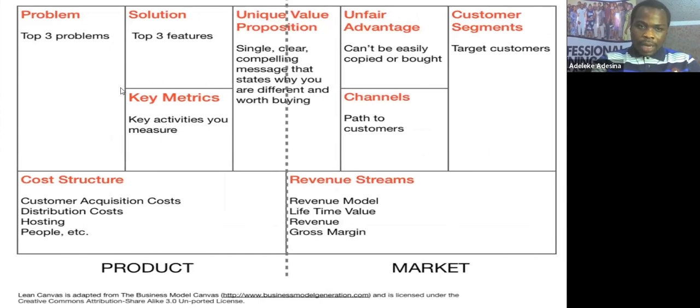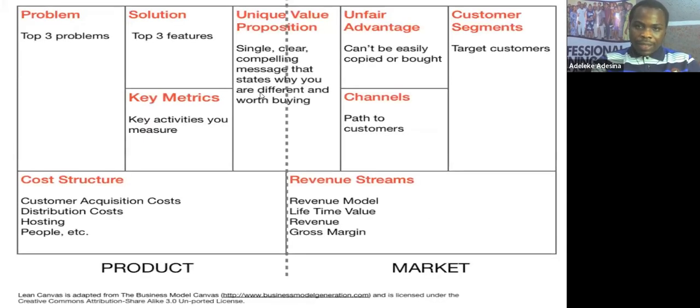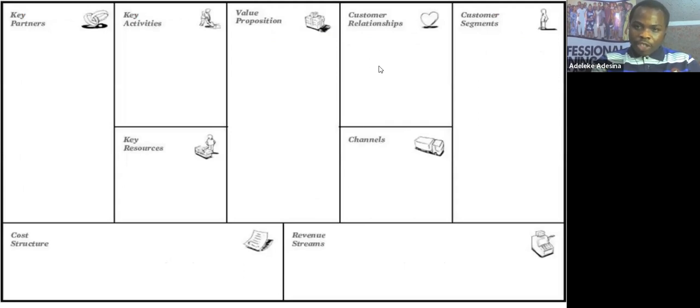So the lean canvas has problem, solution, and key metrics, while the business model canvas replaces that with key partners, key activities, and key resources. And apart from that, there's another key difference: in the lean canvas, you have the unfair advantage. The unfair advantage in the lean canvas is replaced by customer relationships in your business model canvas.